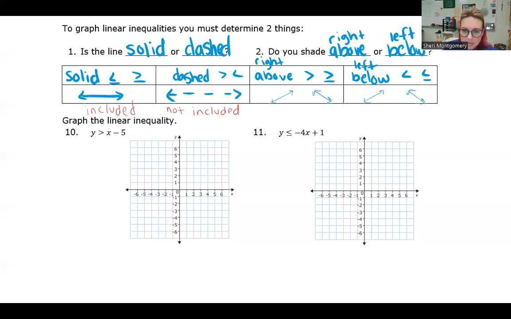So what does it mean to shade above? These can be kind of confusing to some students.